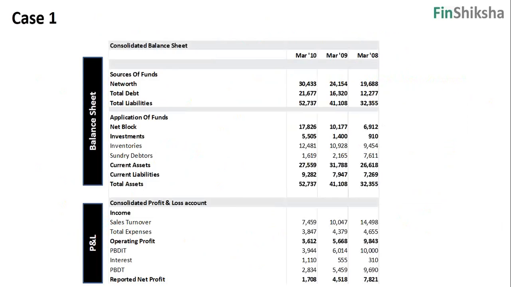So what you see on the screen is the consolidated P&L statement and balance sheet, excerpts of this for a particular company for the years March 2008, 9 and 10, right? These numbers are in INR crore. These are actual numbers of a company. So you're looking at this statement now, P&L statement, and you look at a particular year.